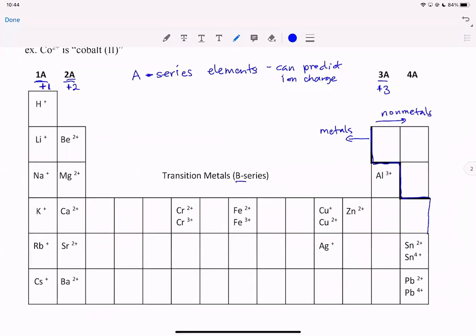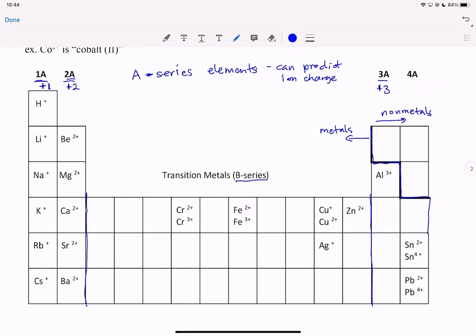So the metals also include the B series. The B series are these 10 columns in this center section. There are 10 columns and there are only 3 rows, only 3 periods in that center section, and that's called the B series. And these, you can't predict the ion charge by the family number.